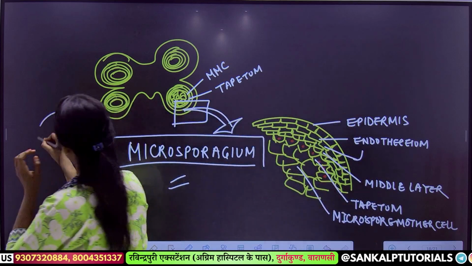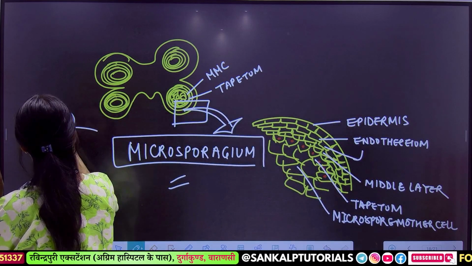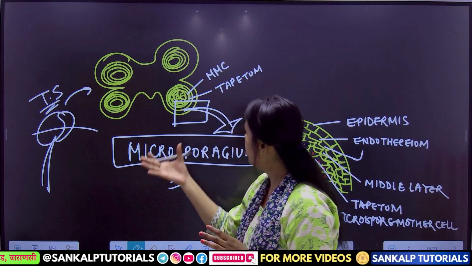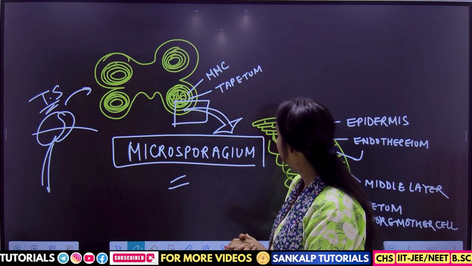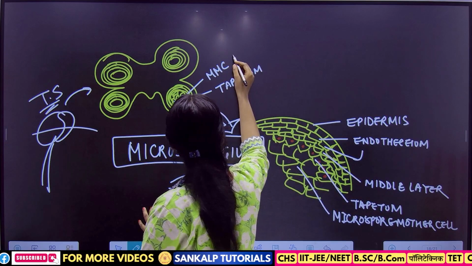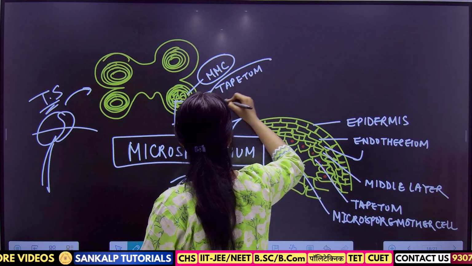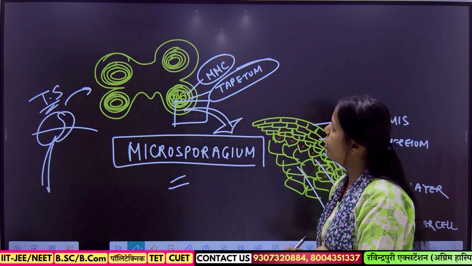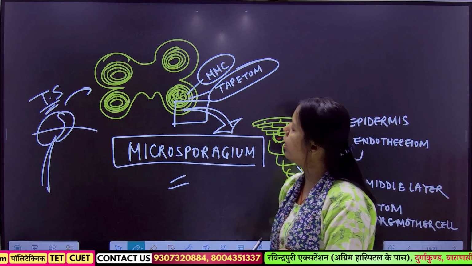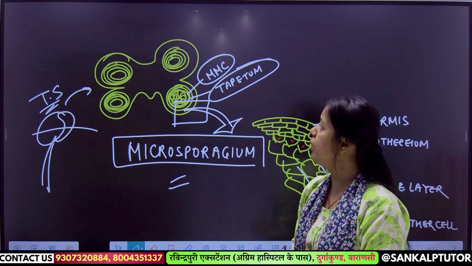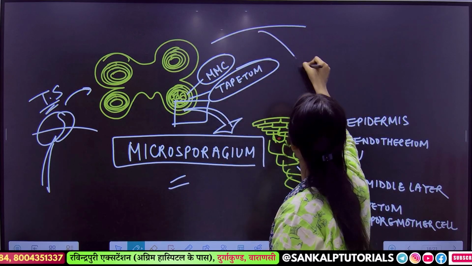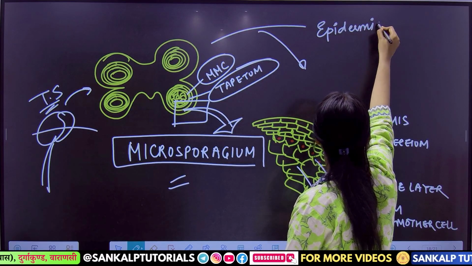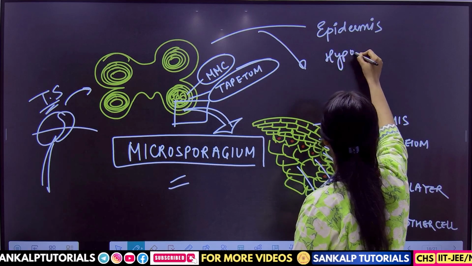When we cut the transverse section, the TS of the anther, the presence of MMC and tapetum can be seen. In this microsporangium, there are two essential layers already present: the first one is the epidermis and the other one is the hypodermis.